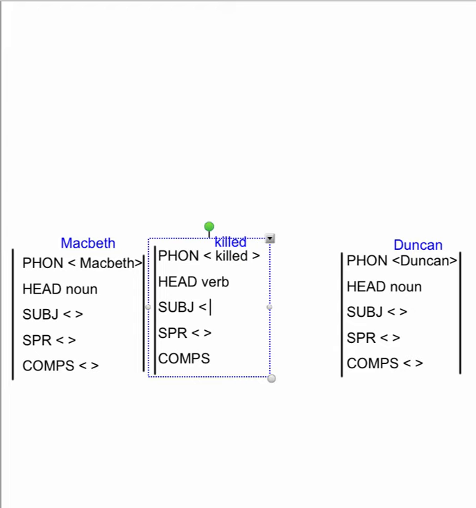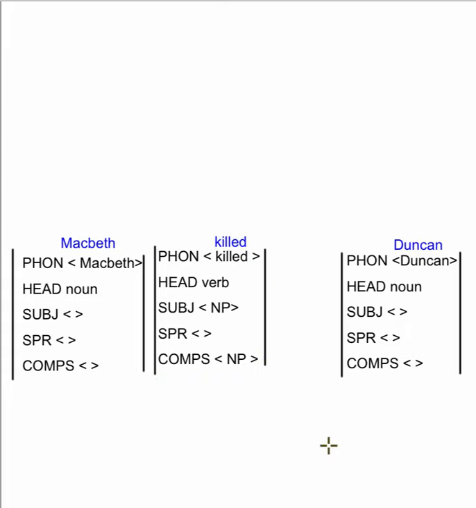The verb kill wants to combine with a noun phrase subject. Killed is a transitive verb. This means that it also requires a complement. So it has a non-empty comps list. In this case, we've got one noun phrase on it, namely the direct object that the transitive verb wants to combine with. These lexical specifications now constitute the basis of our analysis.